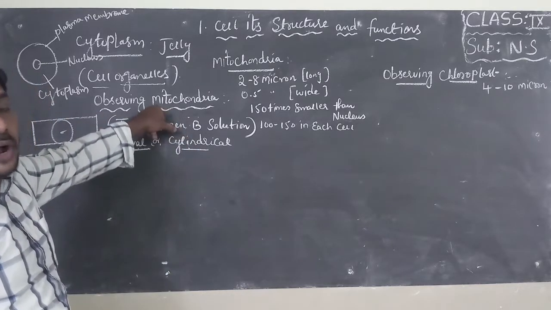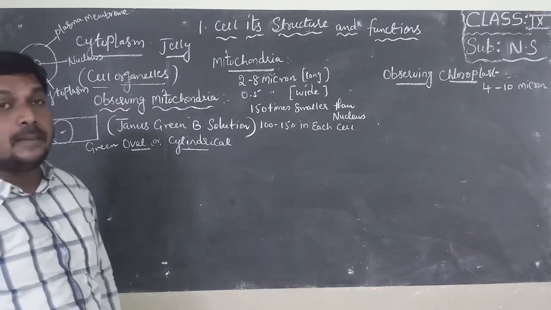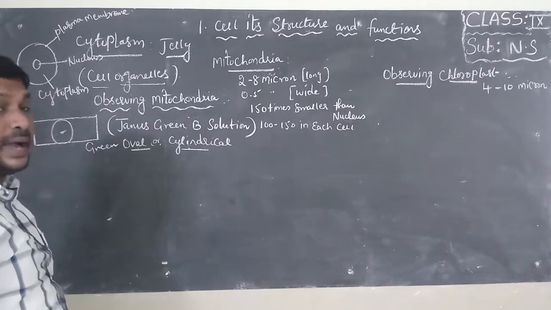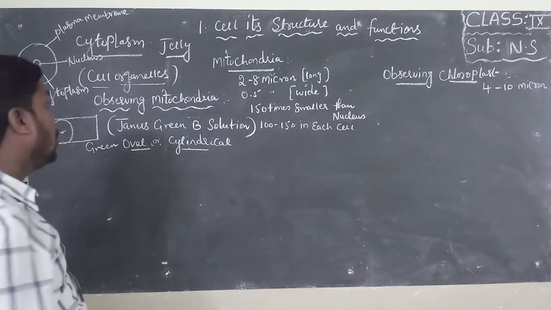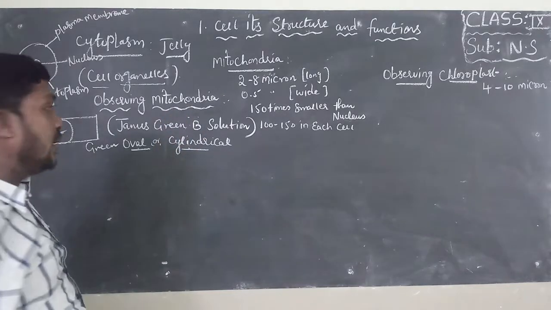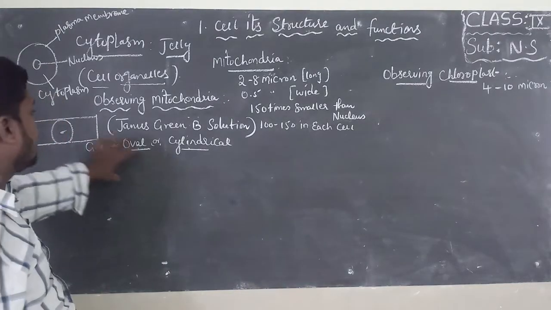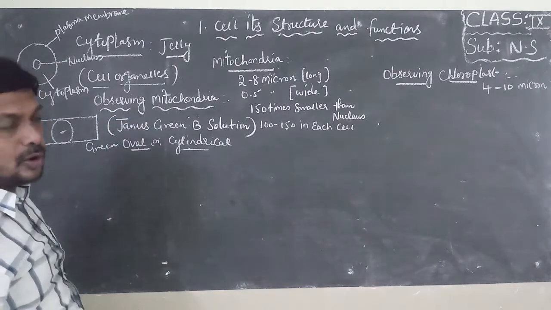But if you want to observe mitochondria in the school lab, you have to use an electron microscope, because under a compound microscope mitochondria are not visible. So the oval or cylindrical shaped structure present in the cytoplasm of the cell is known as mitochondria.